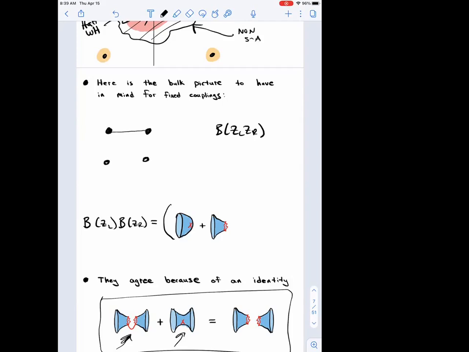Now, what happens if we have four of these quantities and we compute the disorder average of four of them? Then we can have a wormhole connecting them like this, or we can have wormholes that connect them like this, or we can have wormholes that connect them like this. And there's a permutation invariance that means that these contributions are equal to each other.